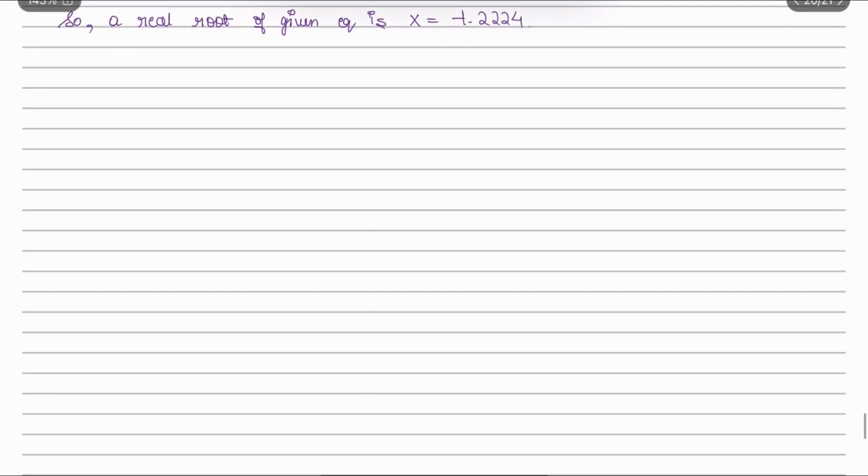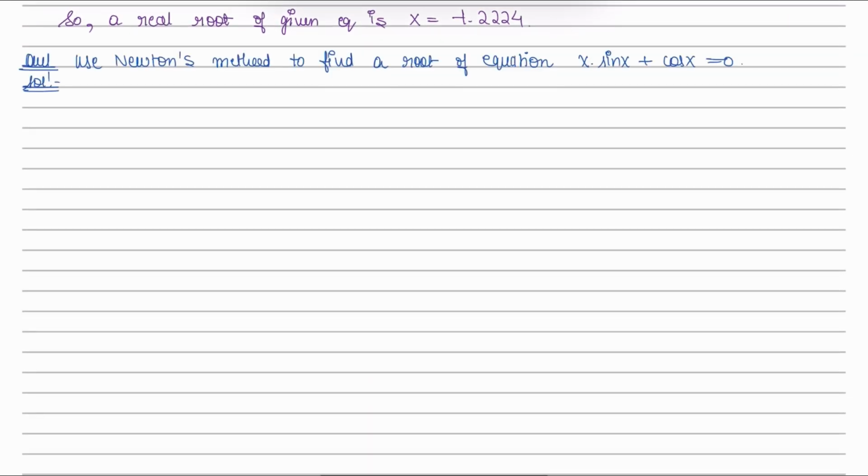Let us do one more question, which says to find the root of the equation x into sin x plus cos x equals to 0. The given equation is x into sin x plus cos x equals to 0.